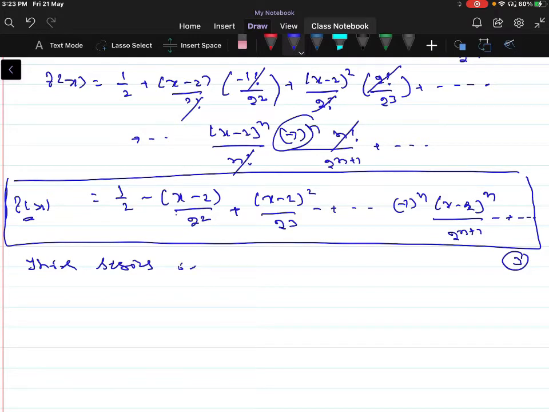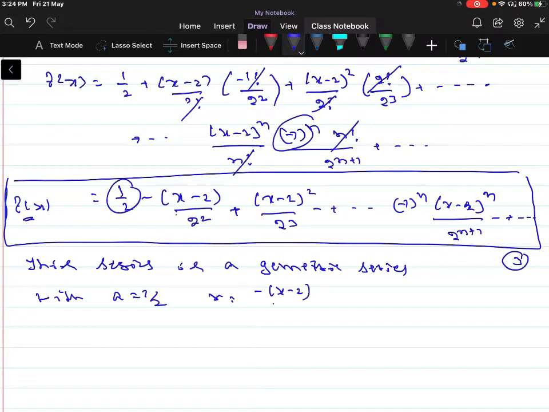is a geometric series with a equal to 1 by 2 and common ratio r is equal to any term divided by the previous term, so that is minus of x minus 2 by 2.